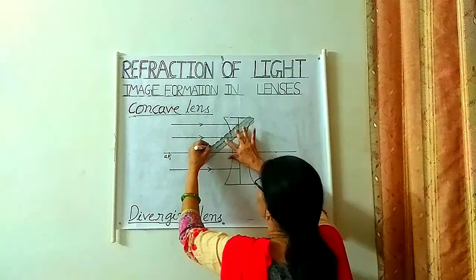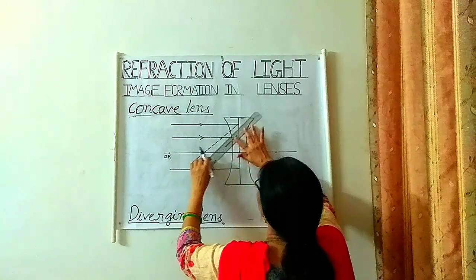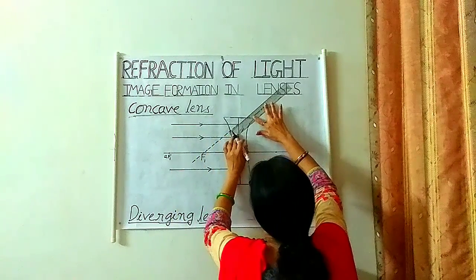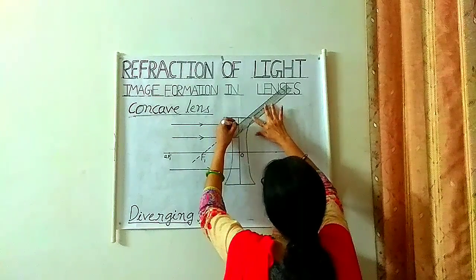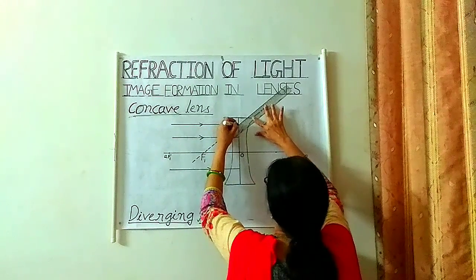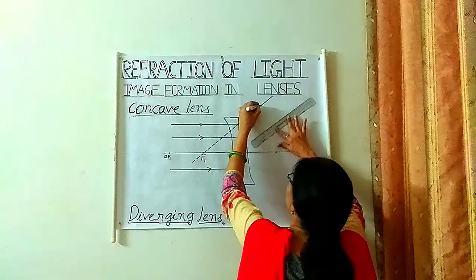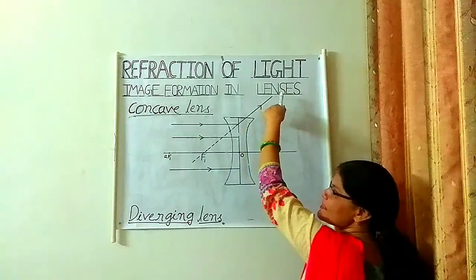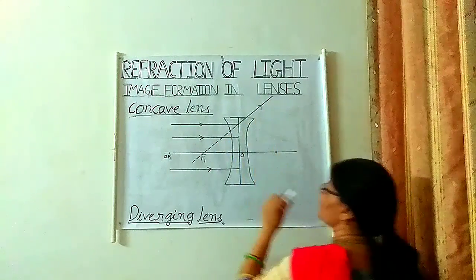This is our refracted ray, and it will emerge like this. The arrow should be in this direction. So this is the incident ray and this is the refracted ray.